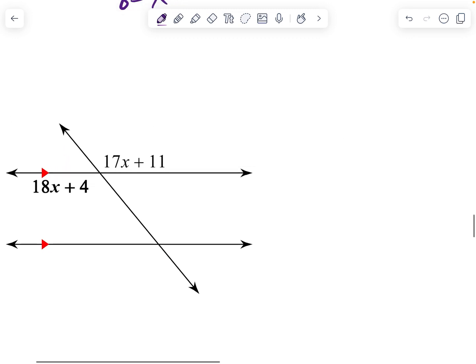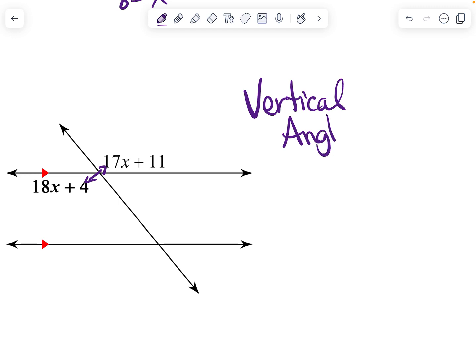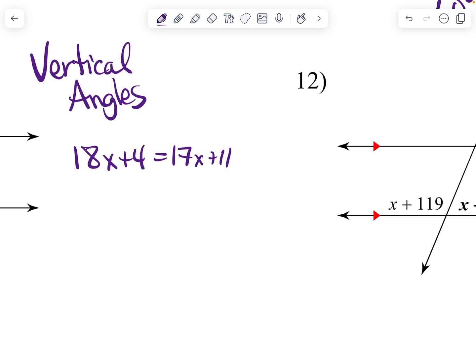These two are right across from each other, kissing cousins. These are vertical angles. That means I set them equal to each other. And I solve that.